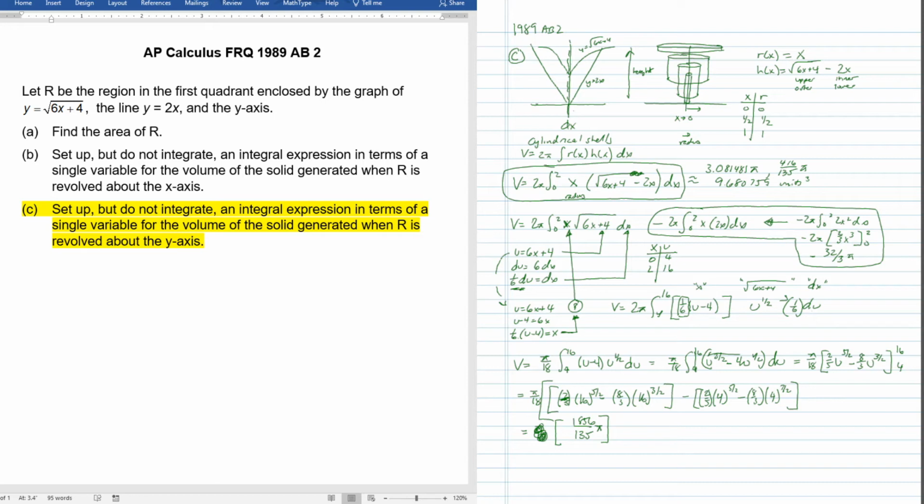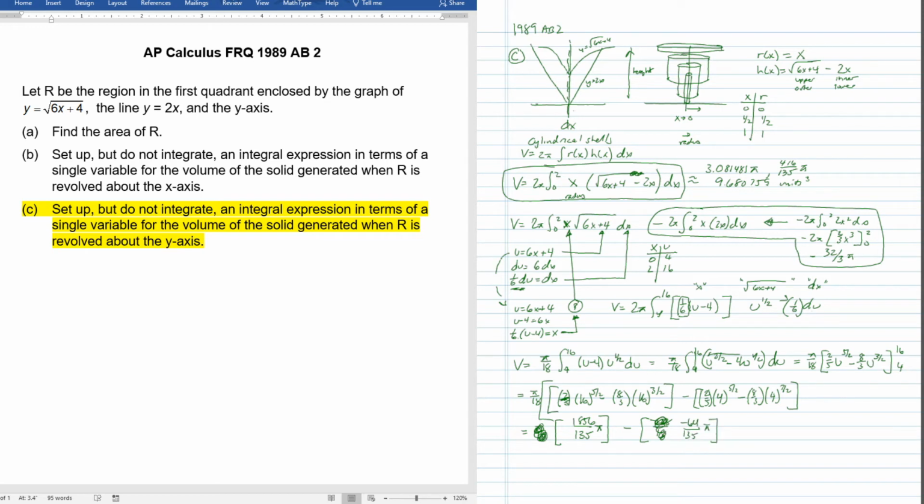And this piece works out to be negative 128 over 15. No. Let's try it again. Big mistake here. I forgot to multiply this by pi over 18. So multiply that by pi over 18. You actually get negative 64 over 135 pi.